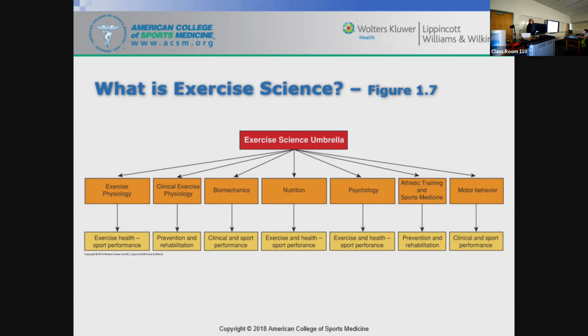So exercise and health and performance for that exercise physiology, prevention and rehabilitation of injuries, diseases, on the clinical side. The biomechanics, it's somewhat clinical, and you're looking at performance as well, but also you're trying to prevent injuries by trying to come up with better form, better techniques for motions of the body, or even equipment, making the equipment safer.